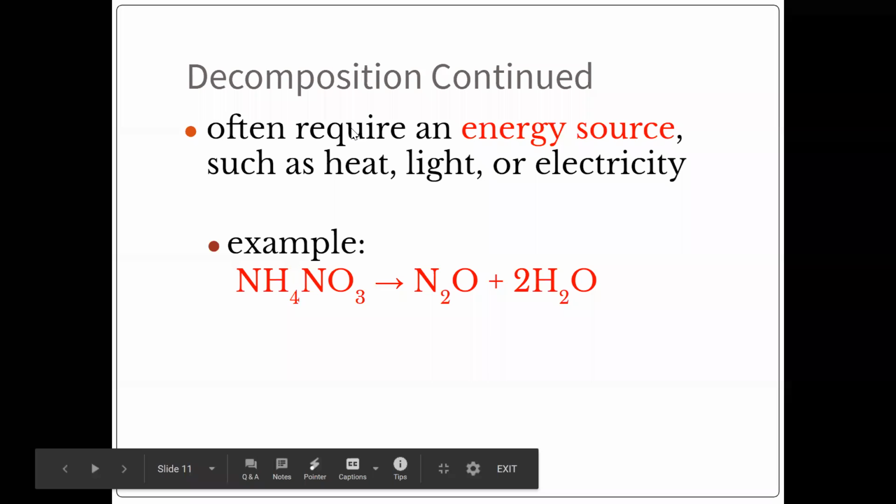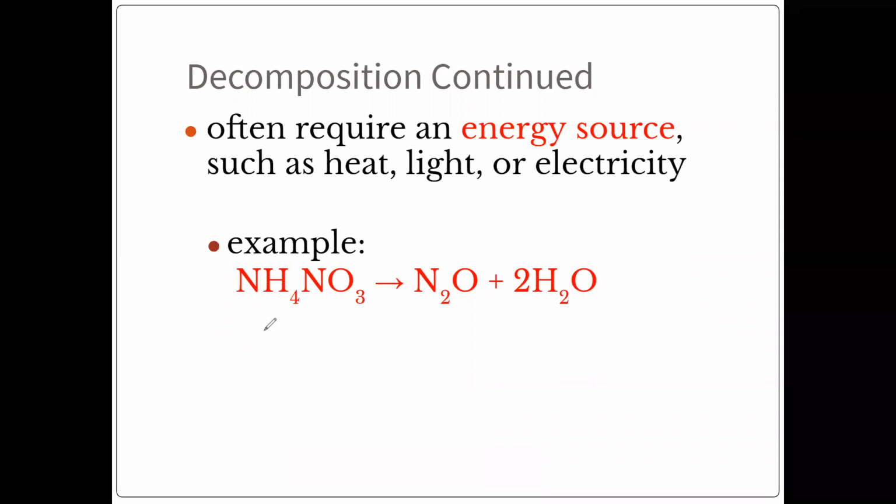What I mean by an unclean decomposition is if you look at this example, I've now split it into A, B on the reactant side. So we have ammonium here and nitrate there. But if you look on the product side, it didn't split into ammonium and nitrate. It split into something completely different.